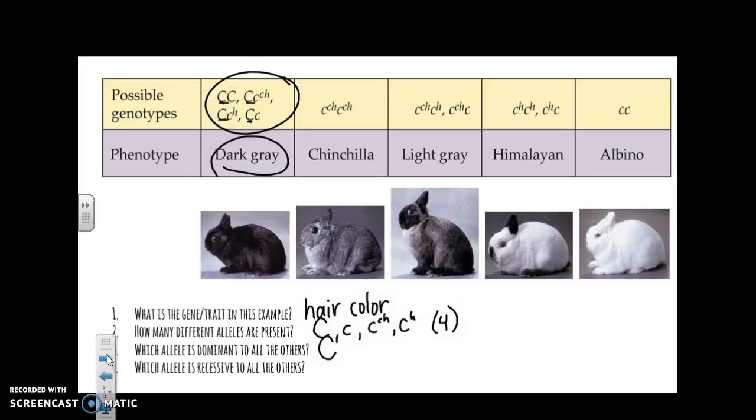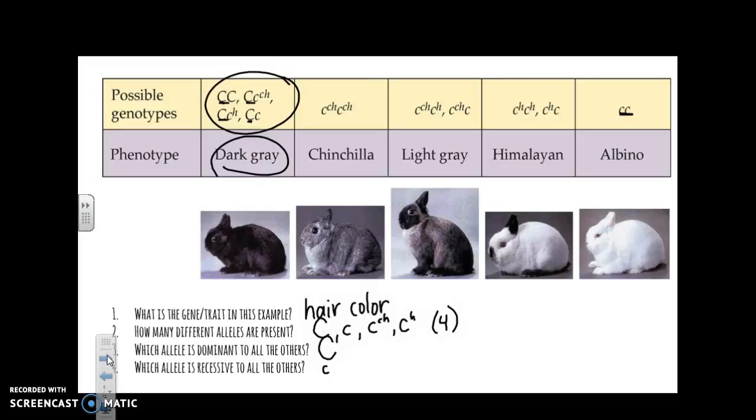Which allele is recessive to all the others? So again, which allele is going to only be that rabbit color if it's the only thing present? And that should be your little c.